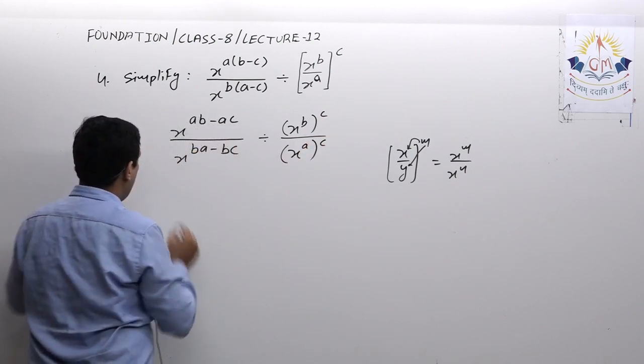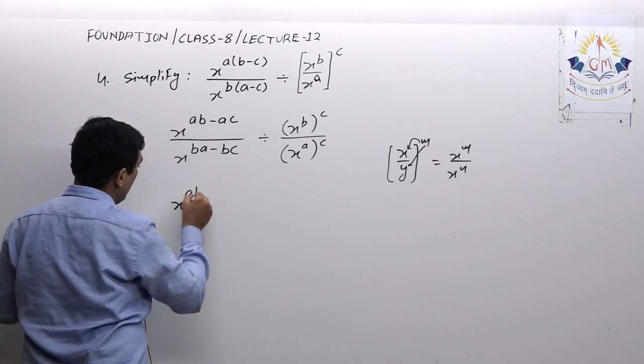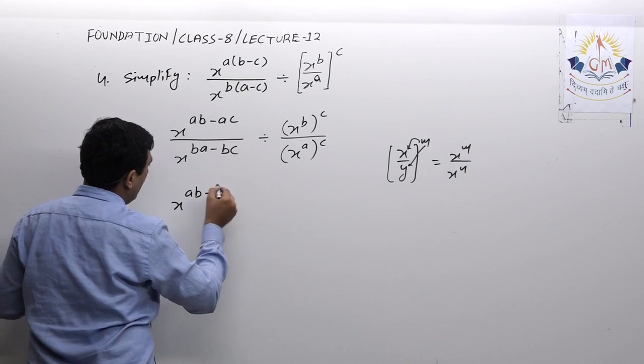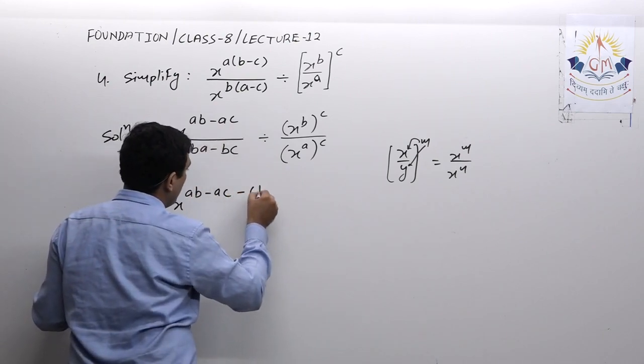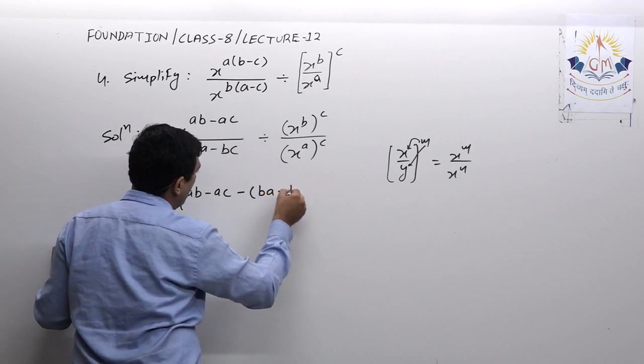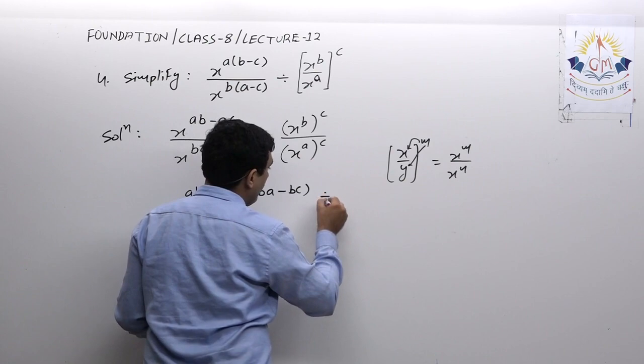Now here I will apply the quotient law. So that gives me x raised to ab minus ac. Now this term I will take in the numerator, so this will become negative, that is ba minus bc, divided by.